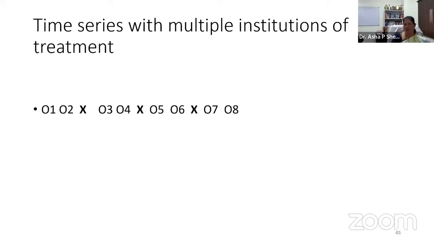Then the time series design with multiple institution of treatment. Unlike the previous one, here the intervention is given more than once. So two observations are done, then once treatment is given, again observation is done, and again the treatment is given. This can be repeated. This time series design can be done in multiple ways.